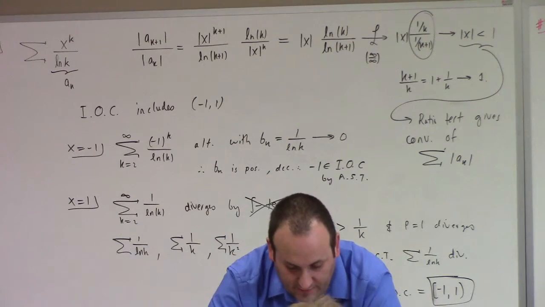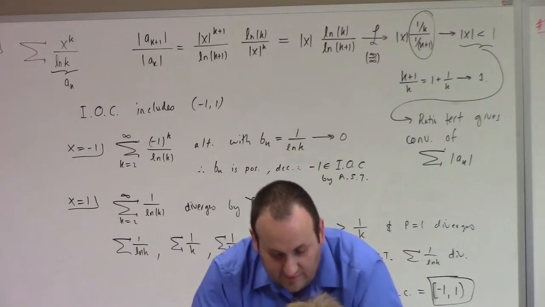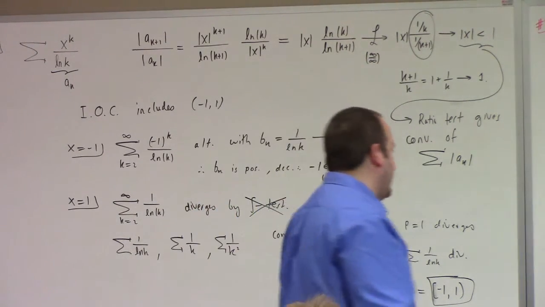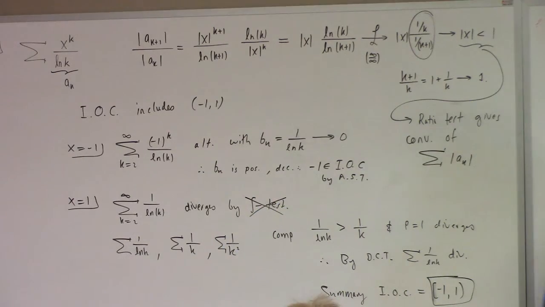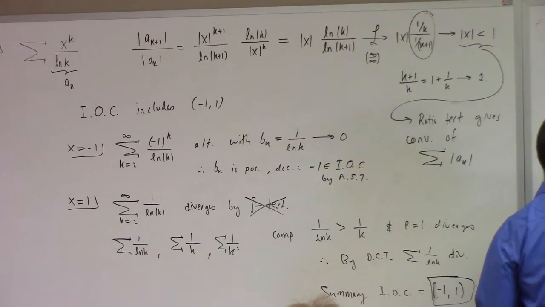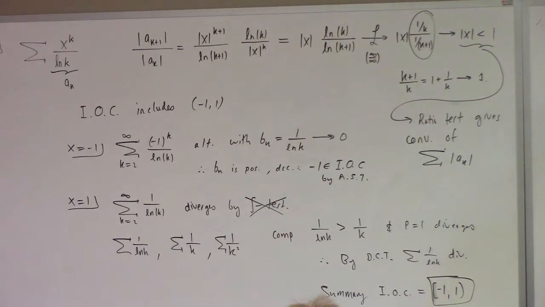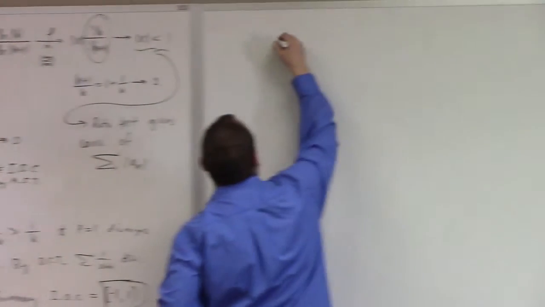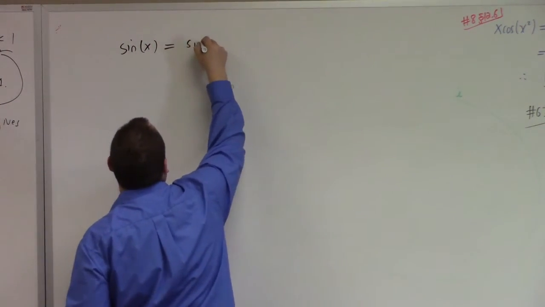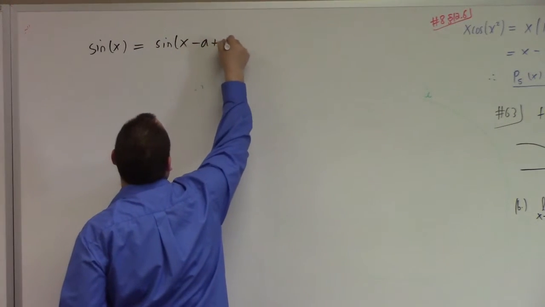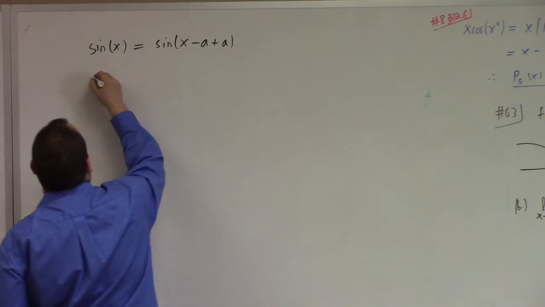That's not too bad. How do you expand sine x and cosine x in powers of x minus a? Well, I think I showed you guys how to do that the other day, right? Problem 34 of section 12.7. How do you expand sine x in powers of x minus a? Well, write x as x minus a plus a.